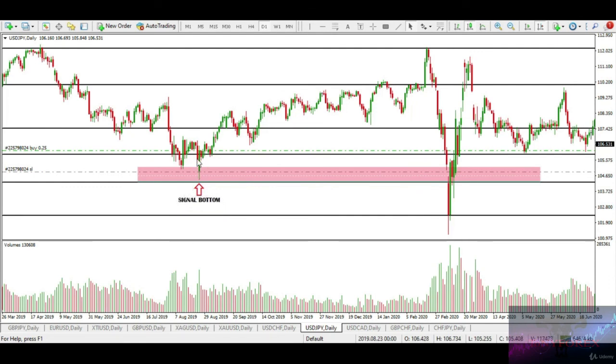Again on dollar yen chart, the signal bottom recorded sharp spike in volumes compared to the previous candle. Then price rallied in a sharp uptrend following this formation. Here again, the bullish engulfing pattern was associated to large volume bars, and then price advanced sharply on this chart.